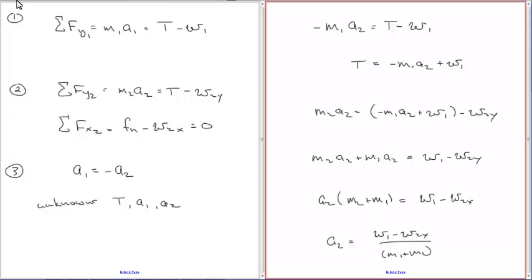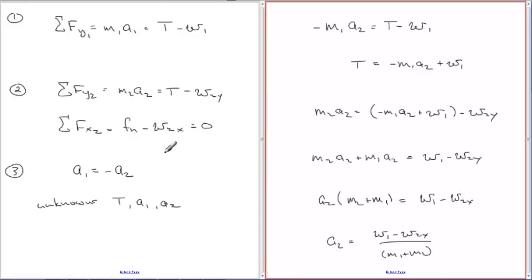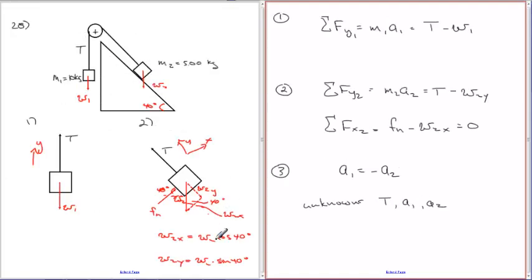And the last thing I need to do is rewrite these in terms of the masses. So we said W1 is M1 times G, and W2y is equal to M2 times G times, which one was it? Cosine or sine? Sine of 40 degrees.